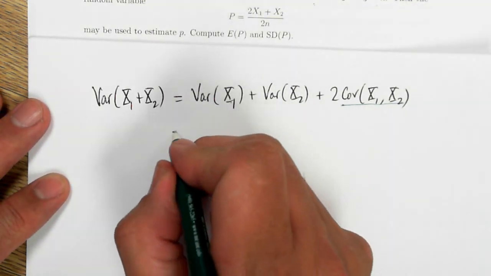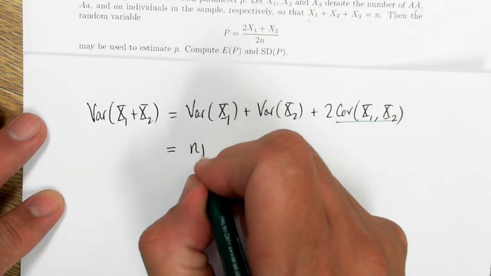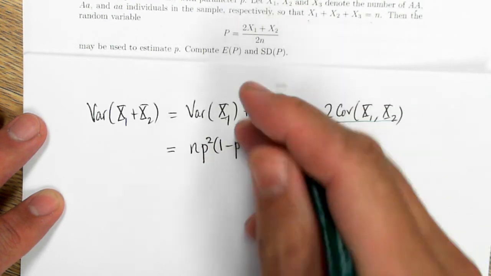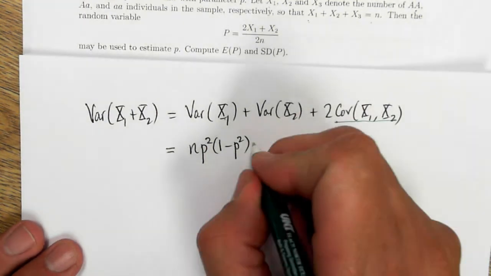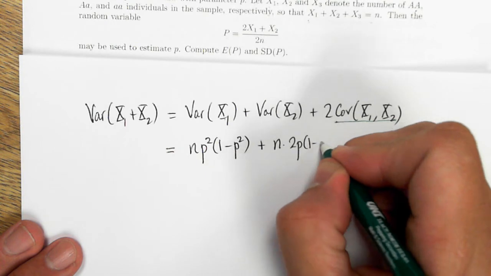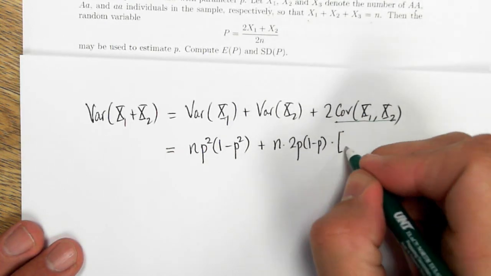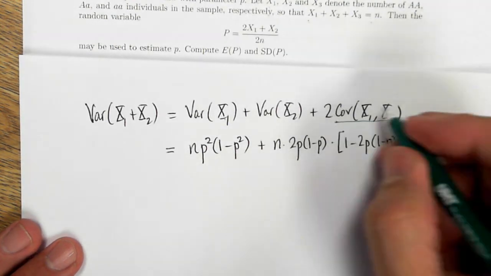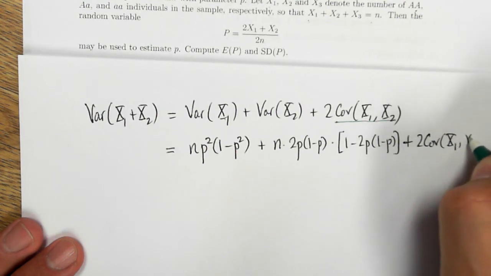Now x1 was binomial, and so that is going to be n times its probability times 1 minus its probability. Likewise, x2 is binomial, so that'll be n times the probability, 2p times 1 minus p, times 1 minus that probability. Then I've got this third term that I need to figure out.